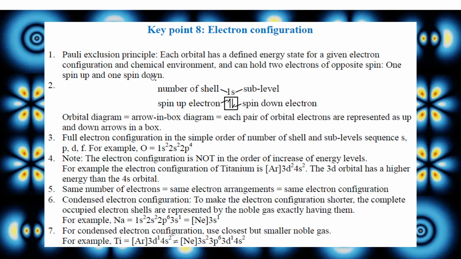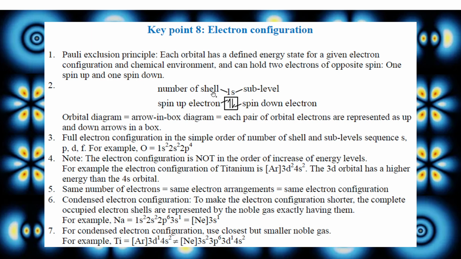So each orbital, px, py, pz, or s, is represented by a square. Inside a square can have 2 electrons, one spin up and one spin down. Spin up is a single-sided arrow up, not double-sided, be careful. It's the convention, you need to draw it this way. And then the other one is a single arrow down. So the 1s orbital is like this.